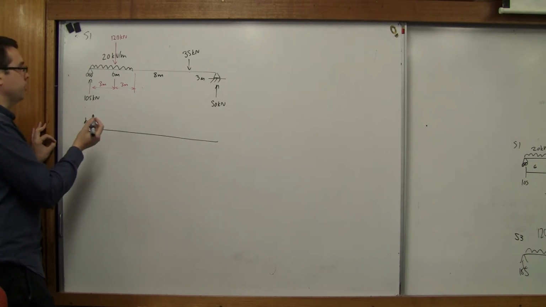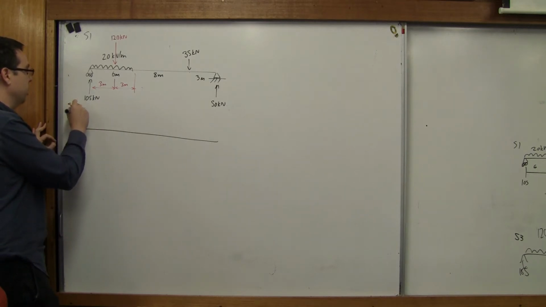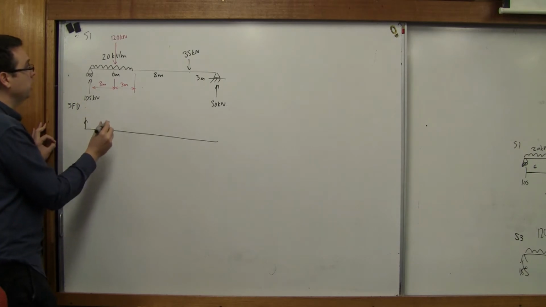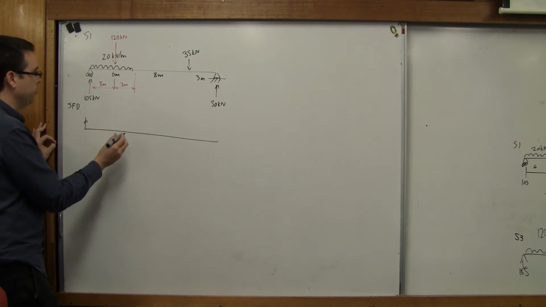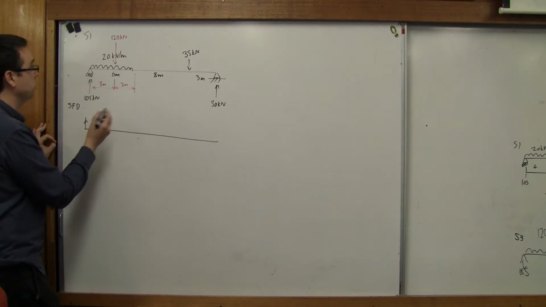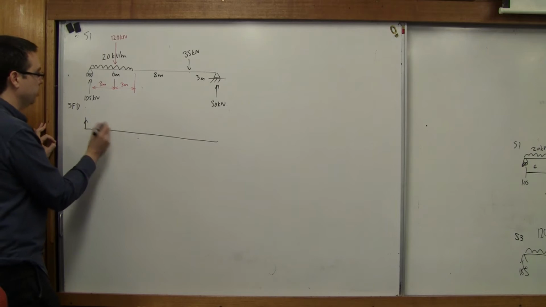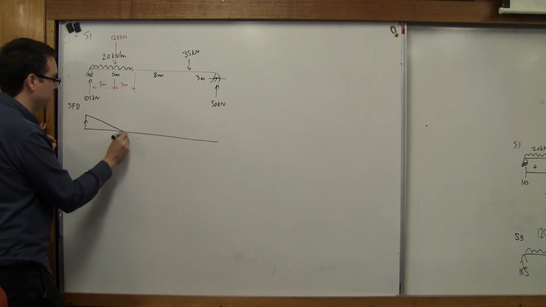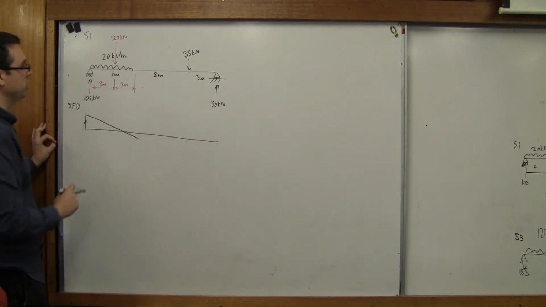So we went up 105. Once upon a time there was a shear force diagram that went up 105, and we've been given these values. And then we went down a total of 120. Now, 105 minus 120 is going to be negative 15, right? So by the end of it, we're going down 15.